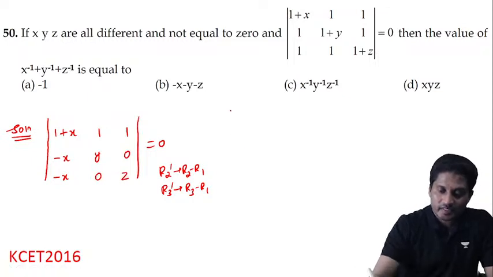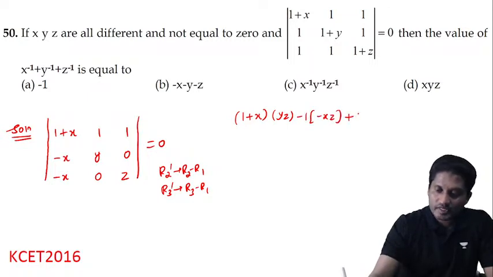Now if I expand the determinant, 1 plus x into delete first row first column, you will get yz. Minus 1 into delete first row second column, you get minus xz. Plus 1 into delete first row last column, you get xy, is equal to 0. So this is yz plus xyz, then plus xz plus xy is equal to 0.